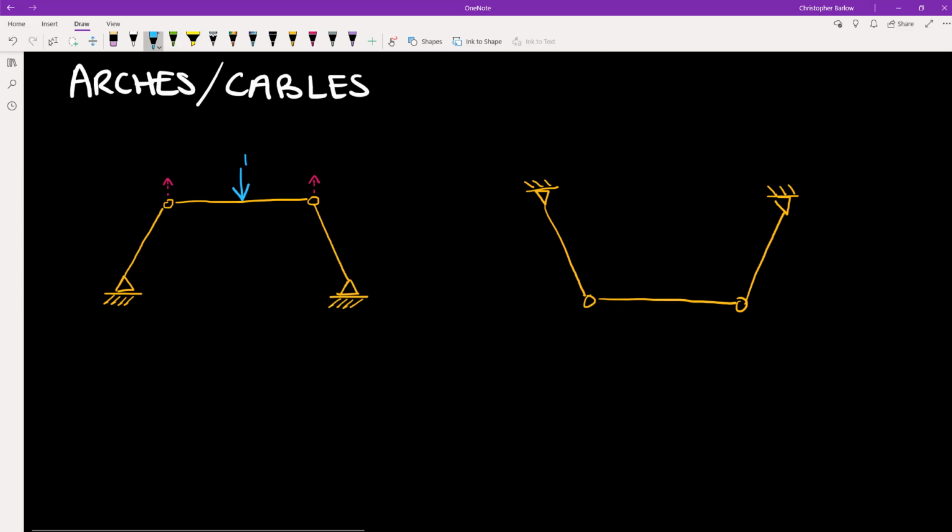So if this were load P, each of these vertical reactions would be P over 2. Looking at our sum of y equilibrium equation, we would see that we have equilibrium here.